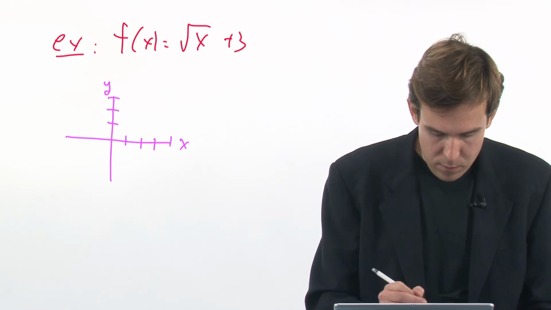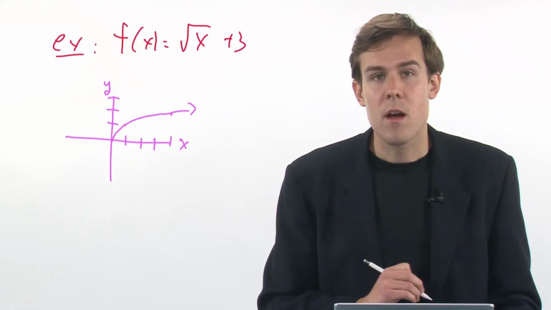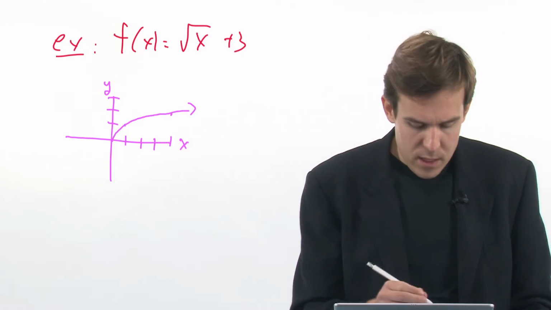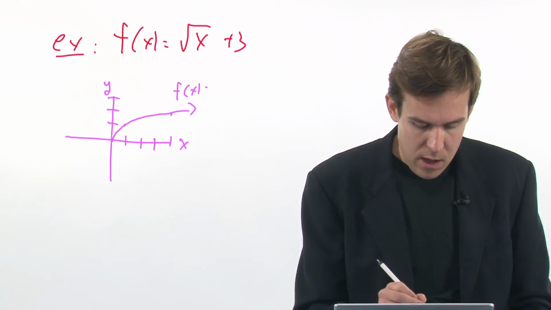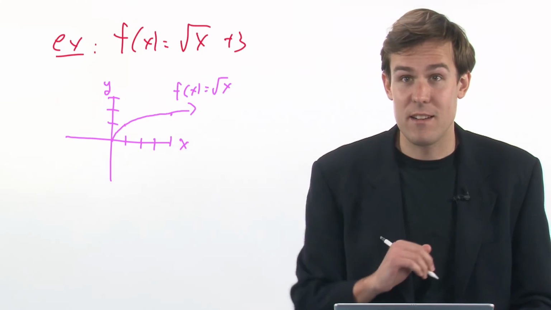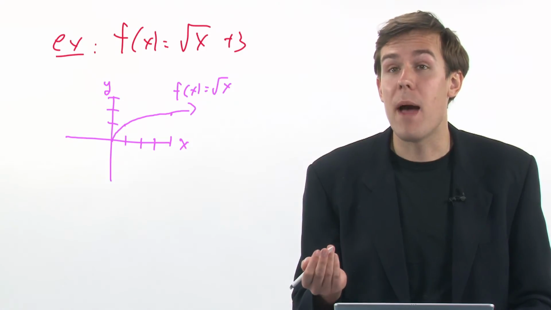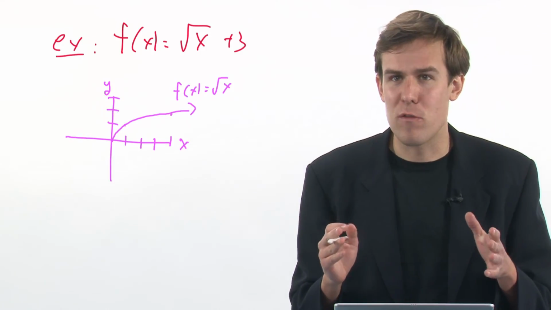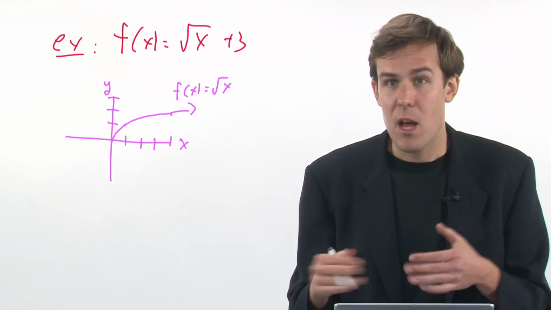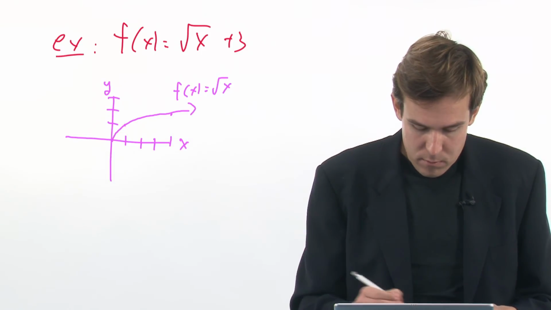We recall that it looks something like this. So what is the difference between this plot and the one I want? Well, the only difference is I add 3 to the example that I would like. So how does that impact my plot? We'll get to this in a very definitive way in the next section, but I think it's clear what's going to happen if I pick a few points and make a table.